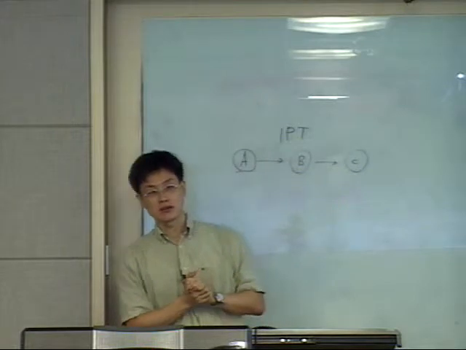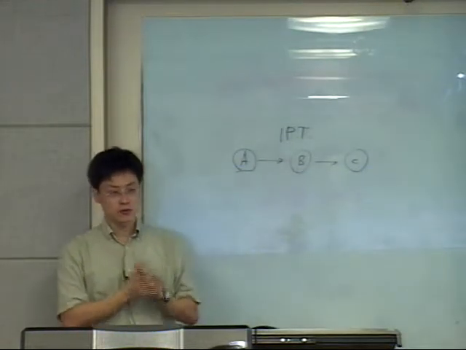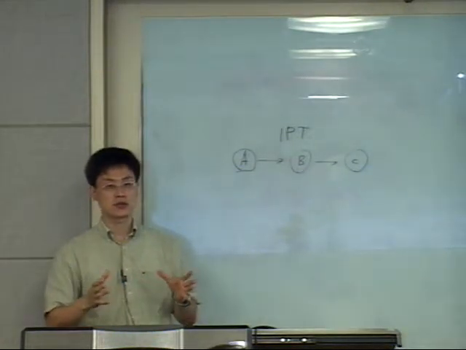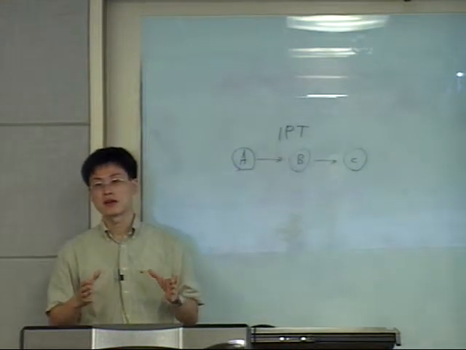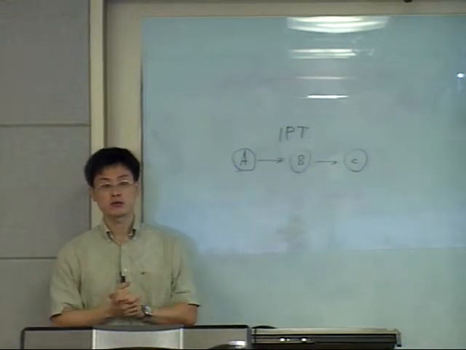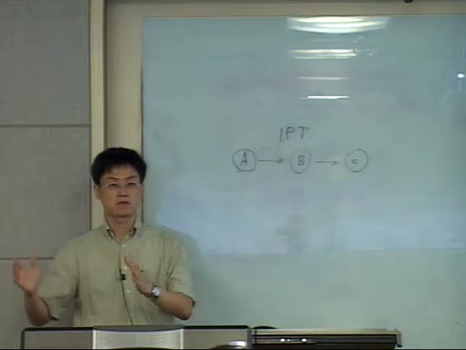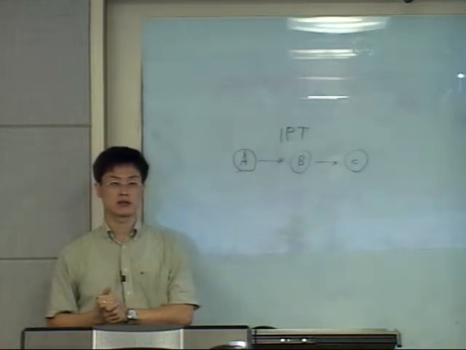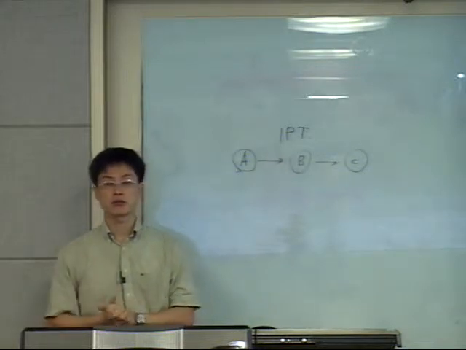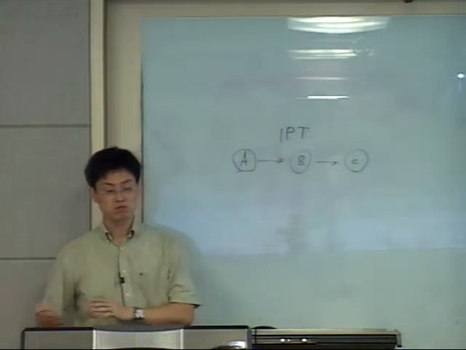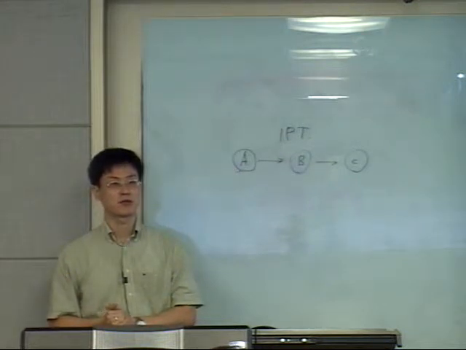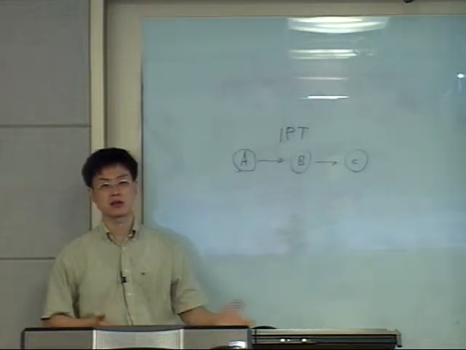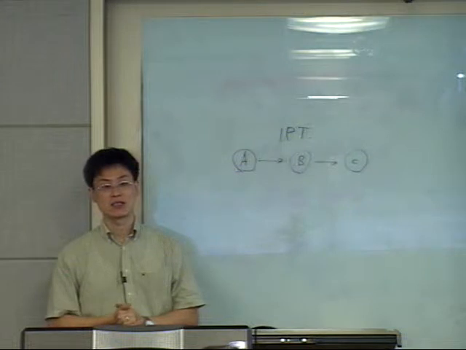Or you should think about whether it is possible to produce 10,000 of the same unit in a given time, and the like. So nowadays everything is very complex, and you need a lot of this kind of IPT.